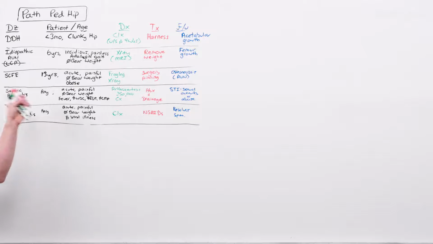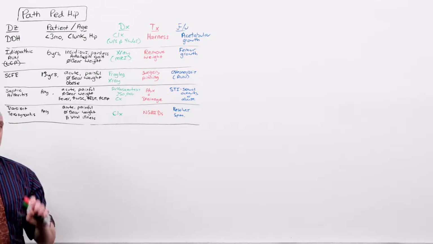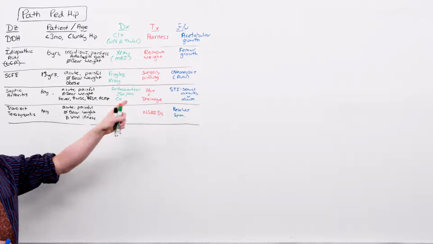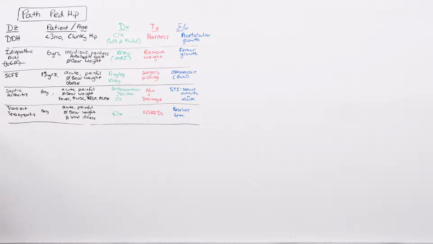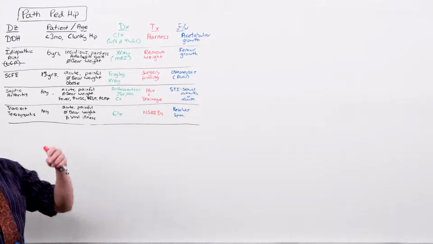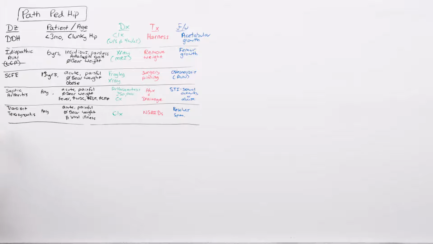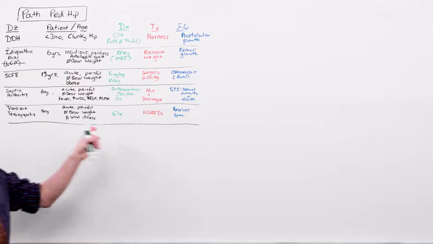SCFE, growth spurt, obese, acute, unable to bear weight. Frog leg X-rays, pin. Septic arthritis is septic arthritis just like anywhere else. Get an arthrocentesis, antibiotic, drainage. Transient tenosynovitis, after viral illness, painful joints, wait for it to resolve.